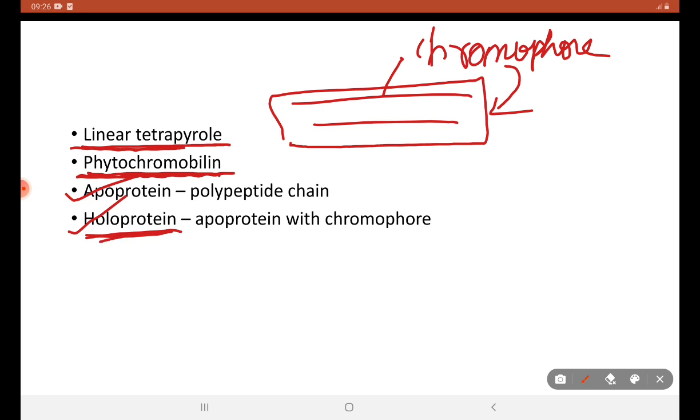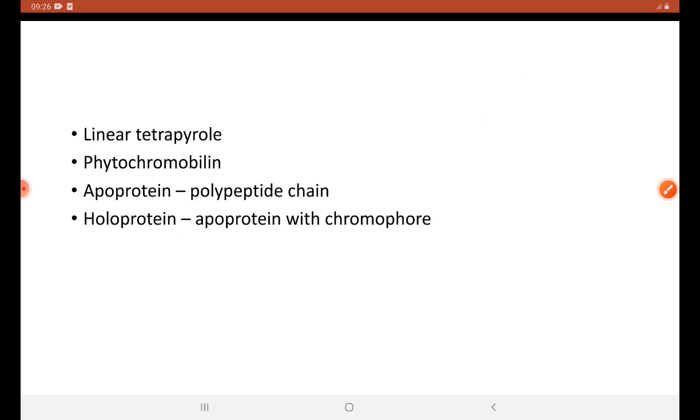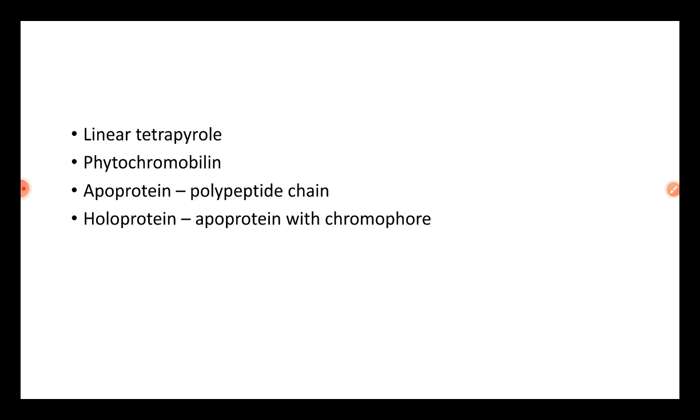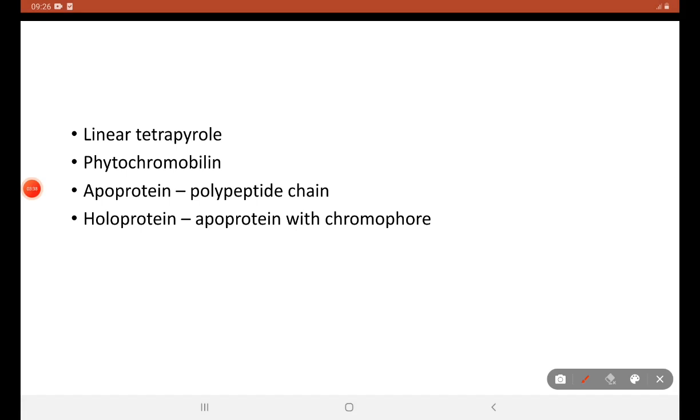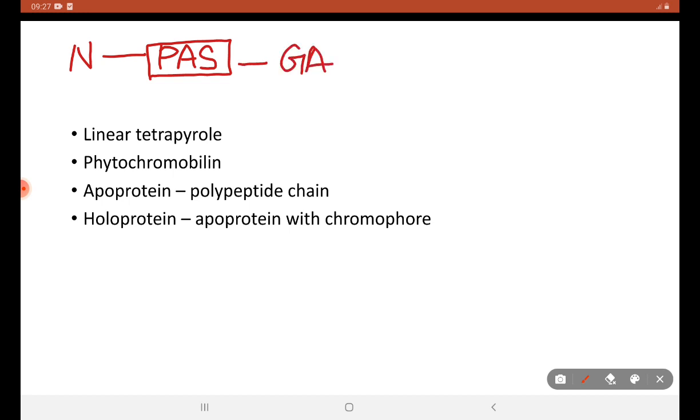Now we will see the components of this chromophore structure. As usual, we have N-terminal and C-terminal. At the N-terminal end, we have PAS domain. Next to PAS domain, we have GAF domain. Then PHY domain.